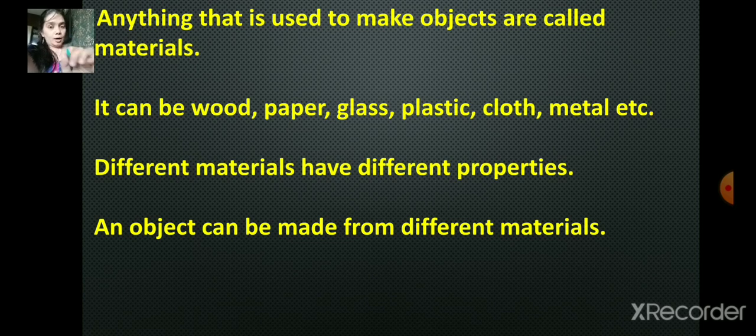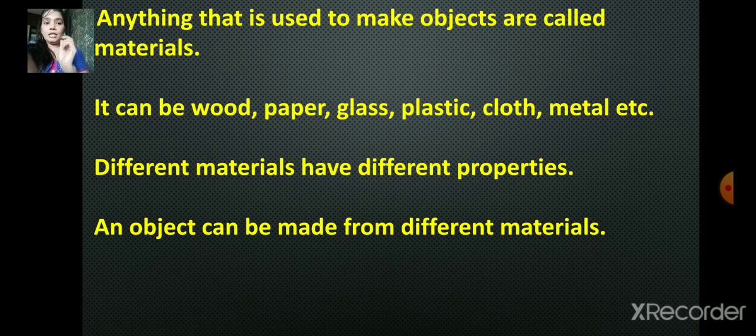So I hope you have understood this. Just remember, an object can be made from different materials. For example, remember the plate or the pen. The pen is made of metal also, it is made of plastic also.